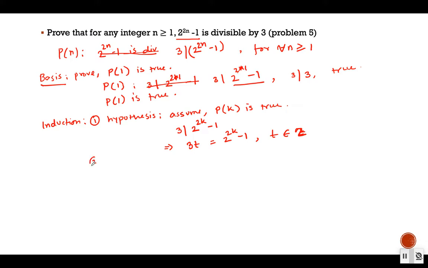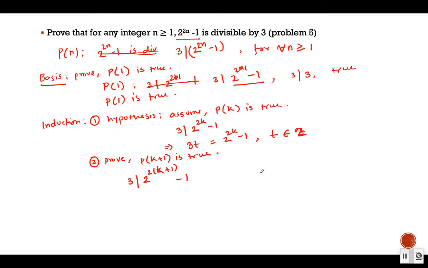Now in our induction step, using this hypothesis we are going to prove that P(k+1) is true. What would be our P(k+1)? P(k+1) looks like this: 3 will divide 2 to the power 2 times (k+1), minus 1.